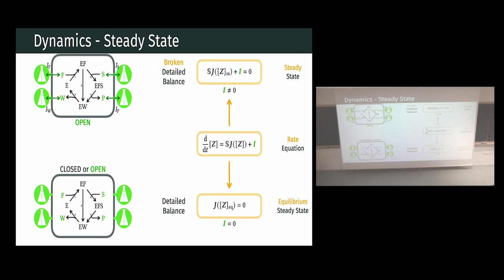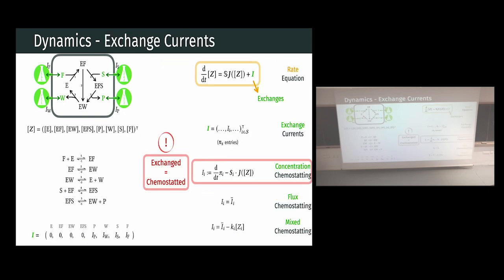Okay, let me clarify. When we deal with systems in which we assume that the concentrations F and S, W and P are constant, we can absorb those concentrations inside the kinetic constants. We're not doing that here. We are accounting for all species. So the kinetic constants always satisfy a detailed balance condition.